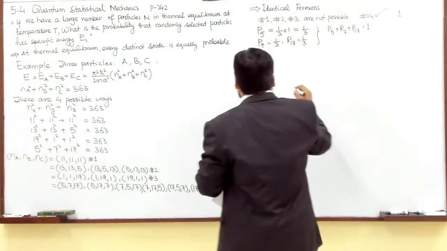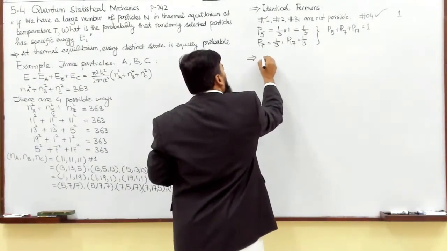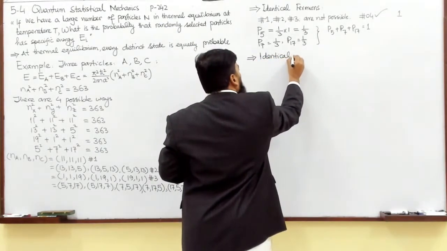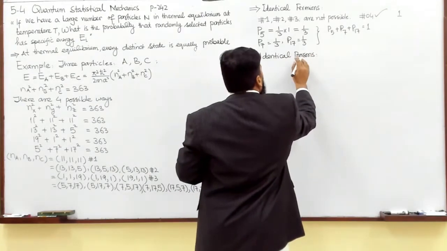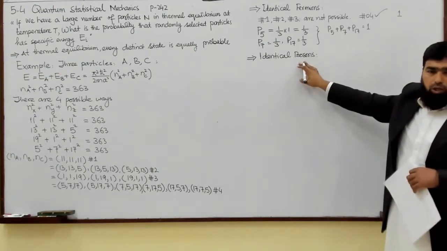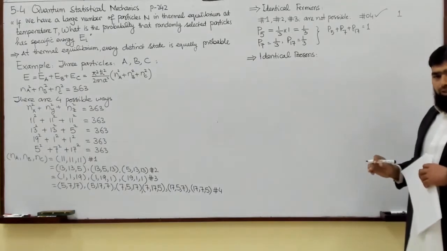Now if we have the situation of the particles being identical bosons. Bosons do not follow the Pauli exclusion principle, so 2 or more bosons can be in the same state.